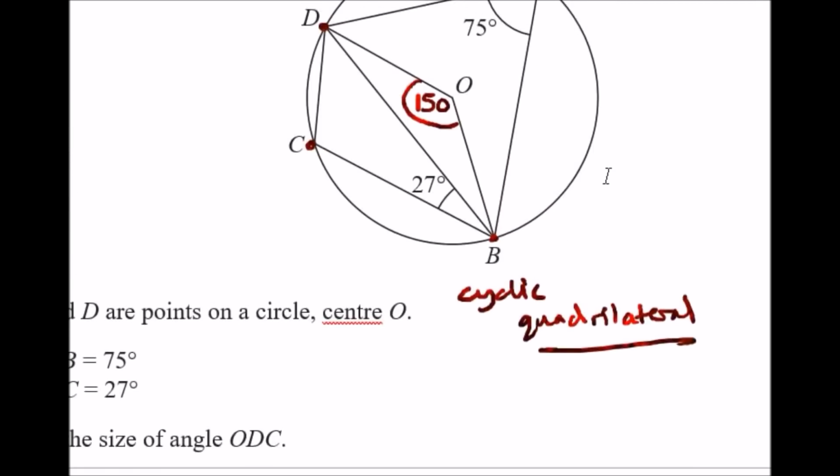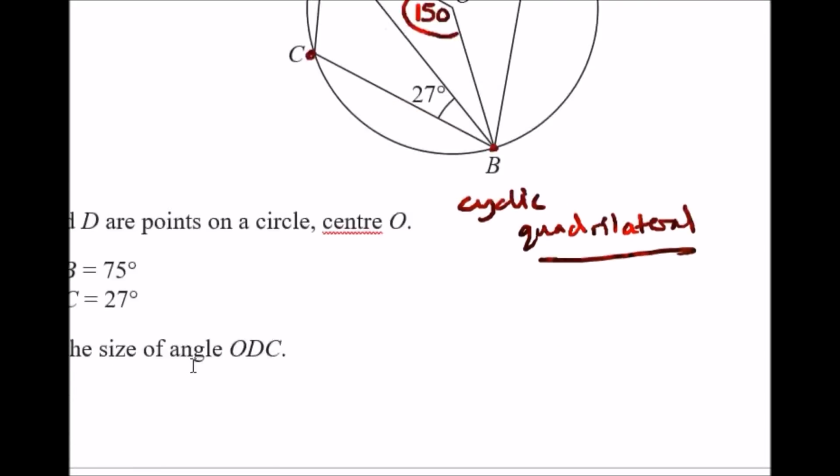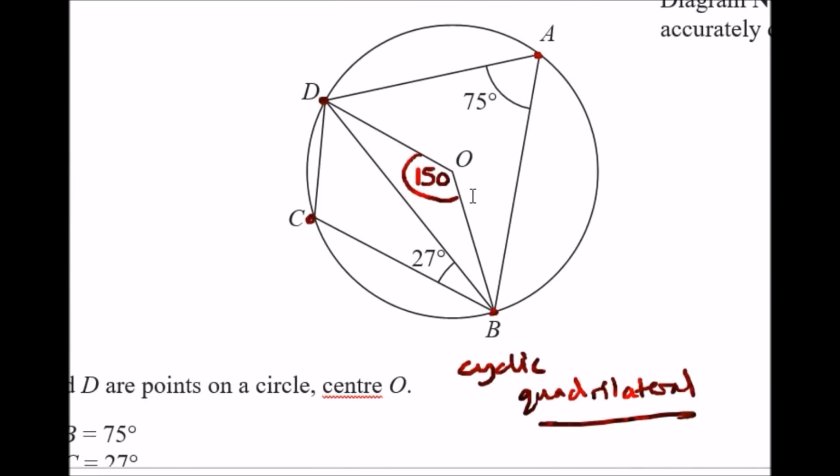So where is ODC anyway? Okay, we need the collective angle here. So we got 150 there. Basically, we can say that A plus C equals 180. Let's call those the vertices.